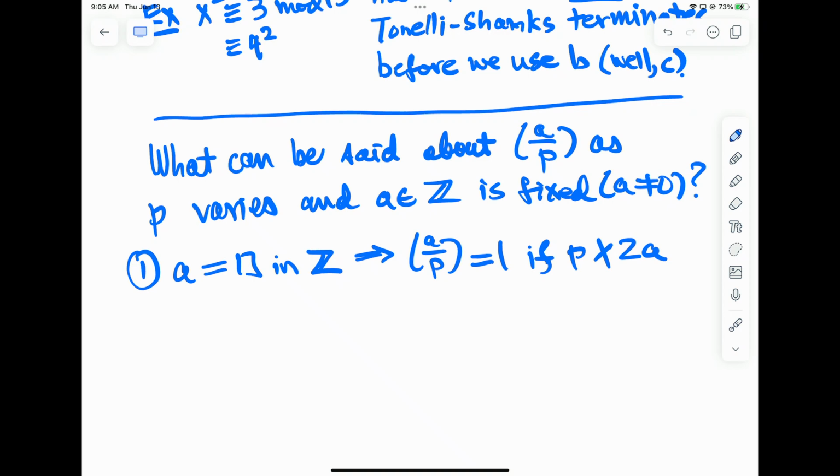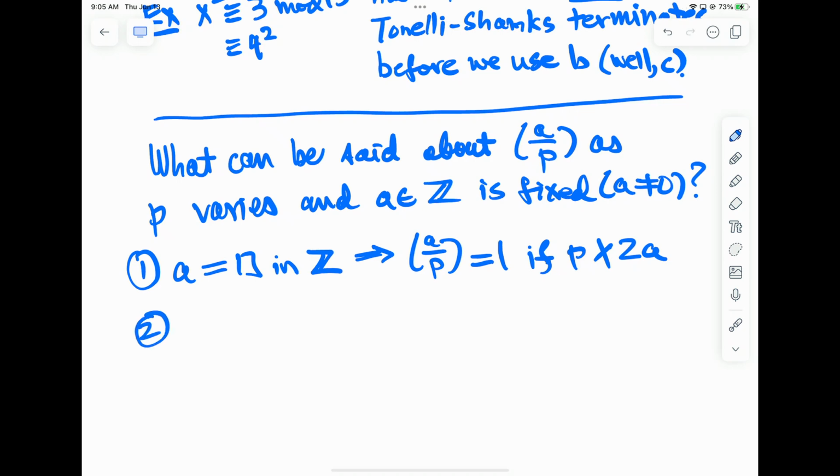In any case, please remember, if you have a perfect square in the numerator of a Legendre symbol, don't instinctively say it's 1. Watch out. Make sure that thing is non-zero mod the denominator. Then, of course, it's 1. So the Legendre symbol is essentially always 1, with finitely many exceptions where it's 0.